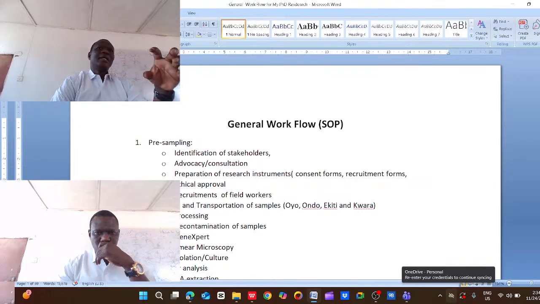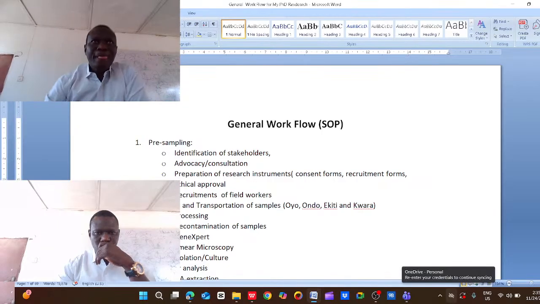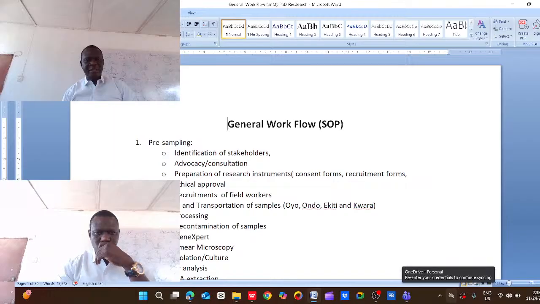You will produce a document that is going to educate them on what to expect, where you spell out the real advantages of your work, and you also tell them the risks as well. That is what we call the consent form.